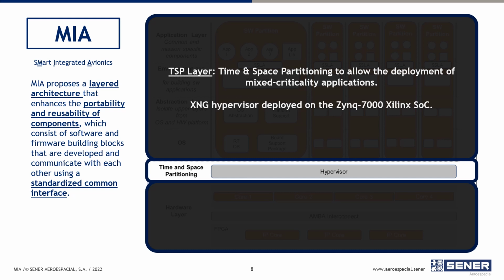Because the operation or even the potential failure of a less critical partition could not affect the nominal operation of the more critical partitions. This is what is commonly referred to as mixed criticality application deployment, and is what this layer allows us to do. Currently, we are using Xtratum Next Generation, a Spanish hypervisor that is being used in several European projects on the Xilinx 7000.